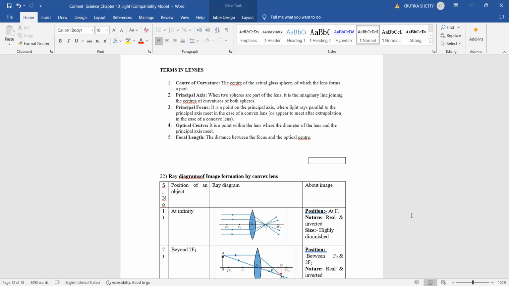So ma'am has already covered up to the terms in the lenses. Up to here, ma'am has covered. Next, we will be continuing with this part.